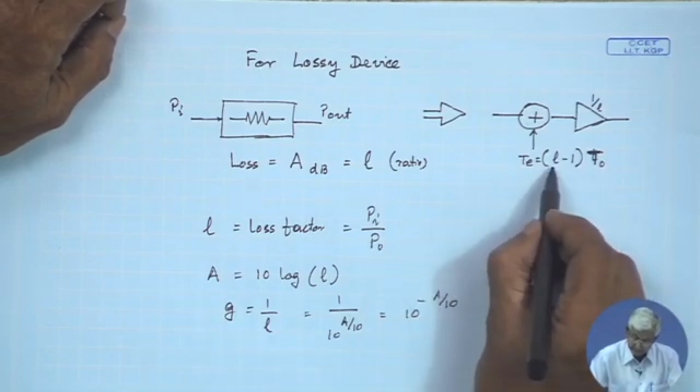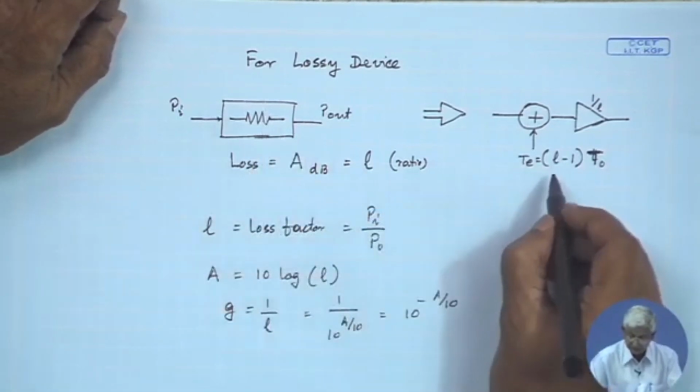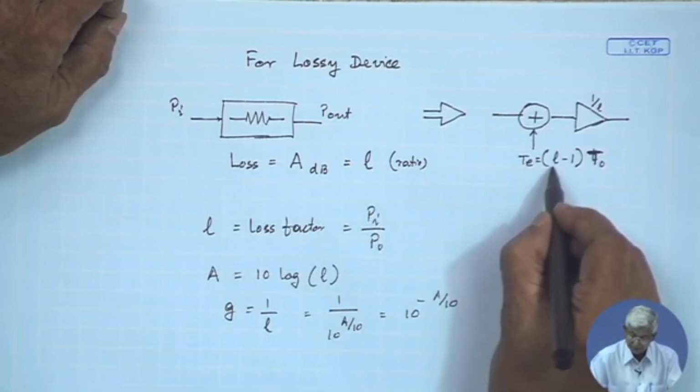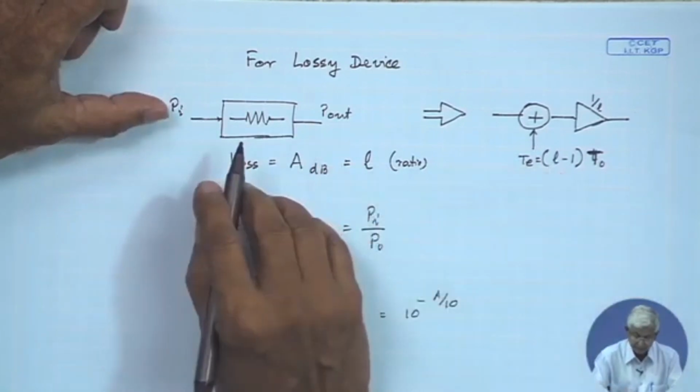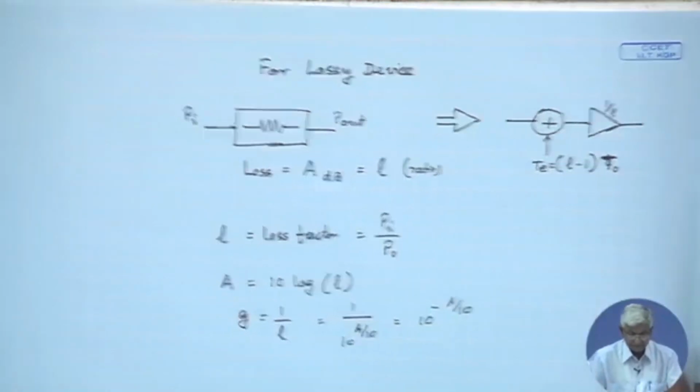And it is the same as the noise figure. In case of an active device with gain, you have seen this was the noise figure, and in case of a lossy device, it is the loss in ratio. This you have to remember, because we will come across many places where there may be loss or gain.